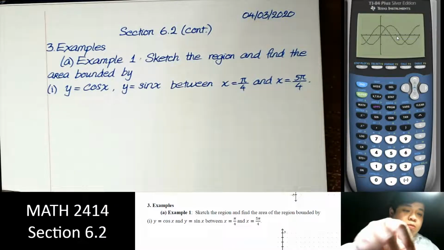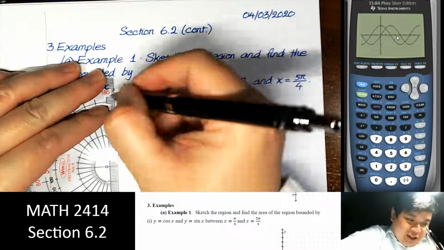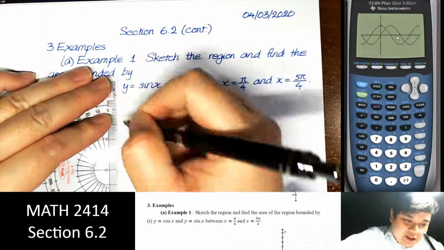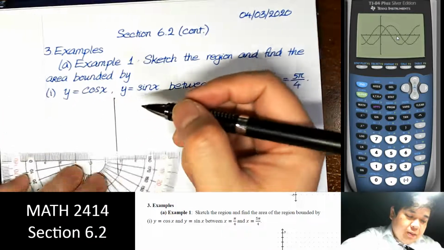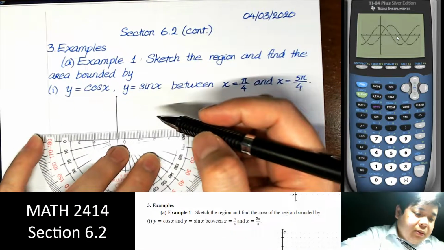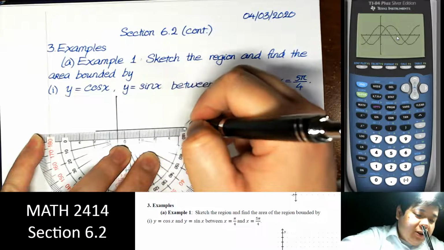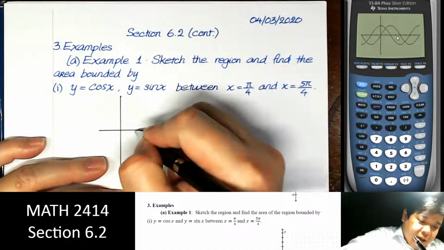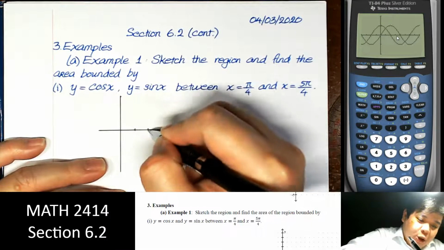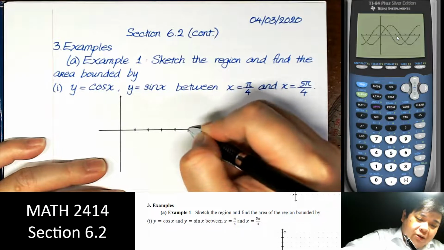Right, so let's draw a sketch real quick. Pi over 4, 2 pi over 4, 3 pi over 4, 4 pi over 4, and 5 pi over 4.